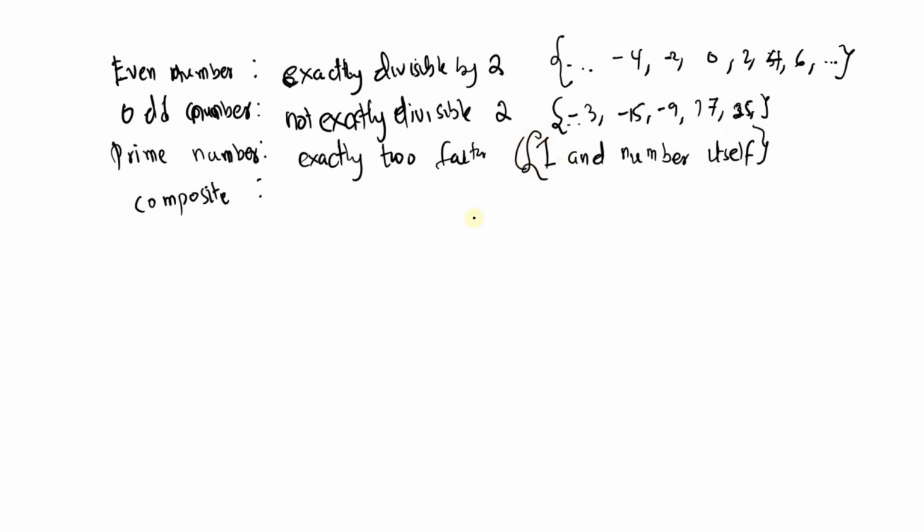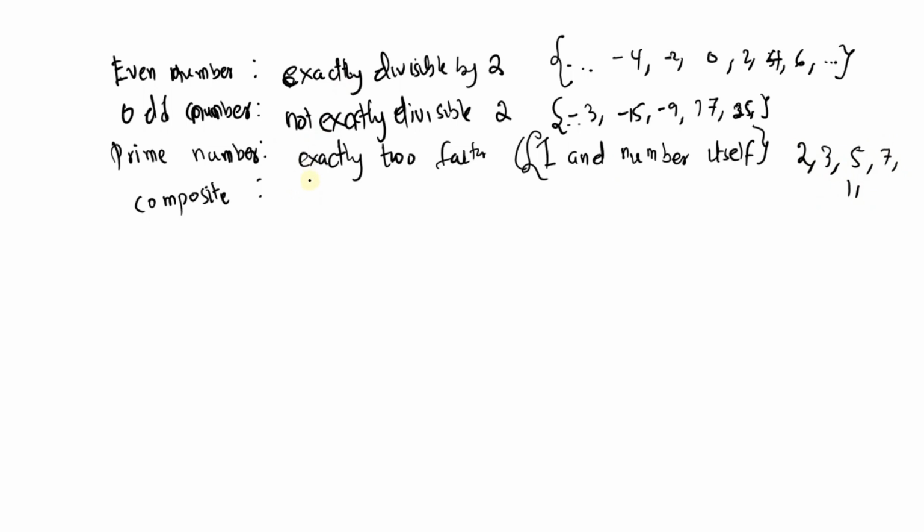Examples are 2, 3, 5, 7, 11. The only factors that 2 has are 1 and 2; 3 has 1 and 3, 5 has 1 and 5, 7 has 1 and 7, 11 has 1 and 11. And they continue. There are lots of them.